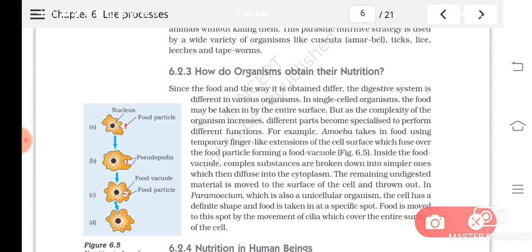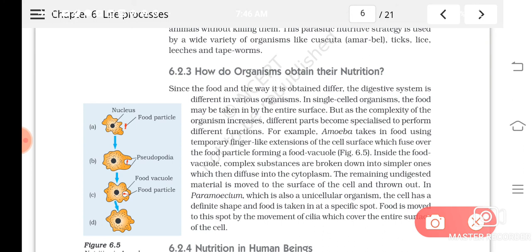Inside the food vacuole, the digestive enzymes will be secreted and convert the complex materials into simpler ones. That process is called what? Digestion. Then the digested food will be absorbed into the cytoplasm for energy purposes and also for its division and all. So that is assimilation.